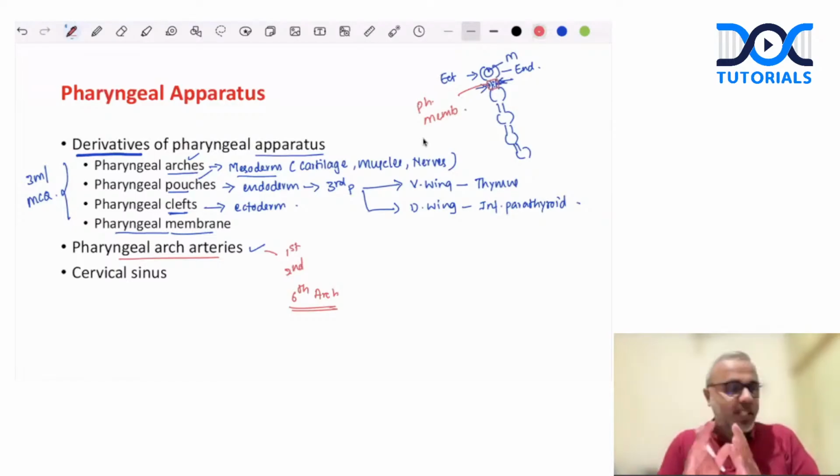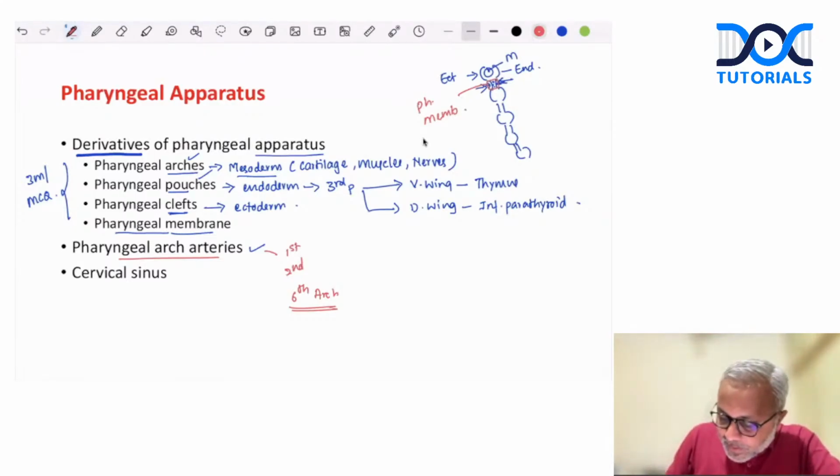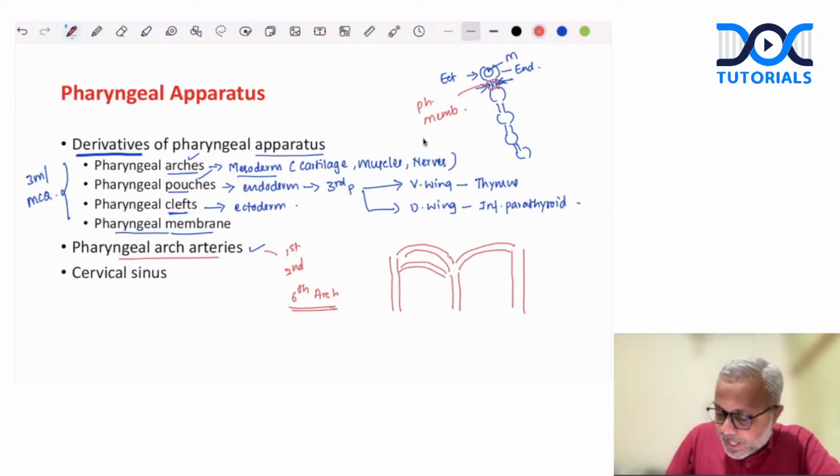Okay. Now, just to give you an example, let's imagine we have the ventral aorta and let's say we have the dorsal aorta on both sides, right? So we have these pharyngeal arch arteries, which are arranged in, let's say, 6 pairs, right? Let's talk about the 6th pair.